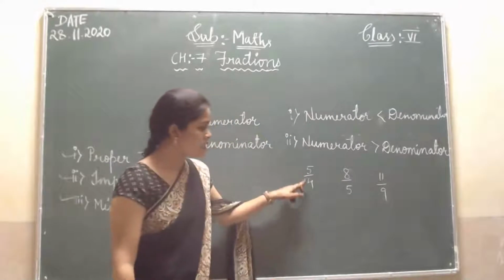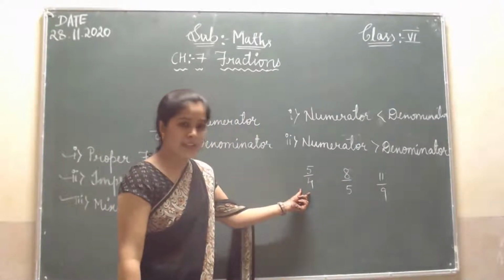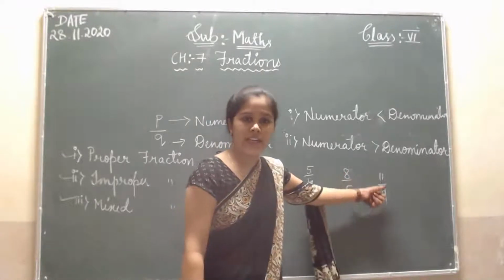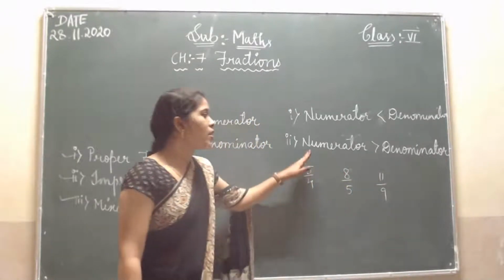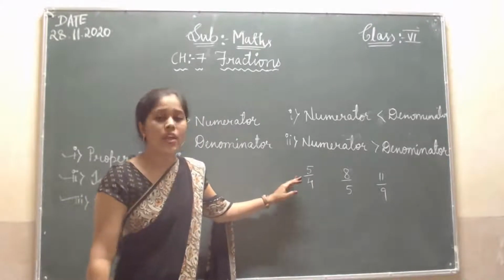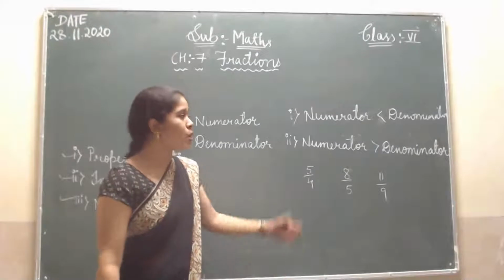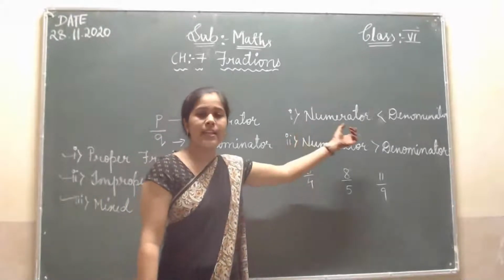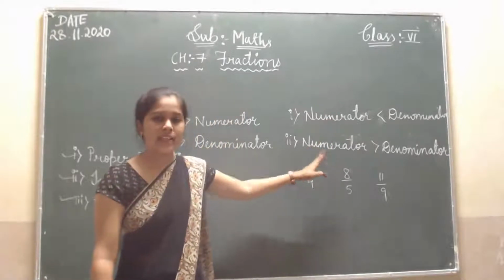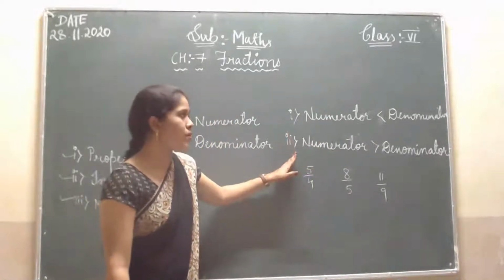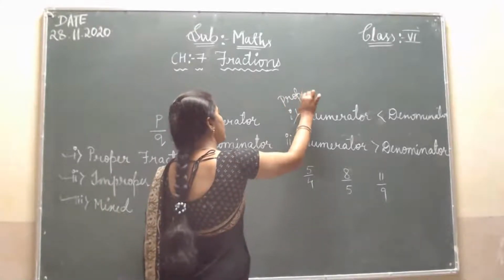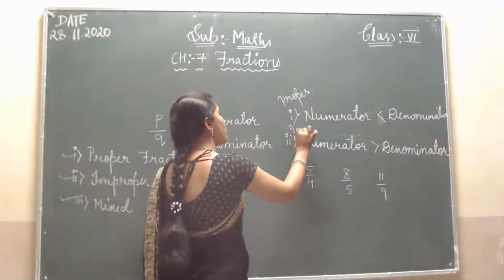Check it: the numerator is greater than the denominator. Yes, 8 is greater than 5. Yes, 11 is greater than 9. So a numerator greater than the denominator is nothing but an improper fraction. A numerator less than the denominator is a proper fraction, and a numerator greater than the denominator is an improper fraction.